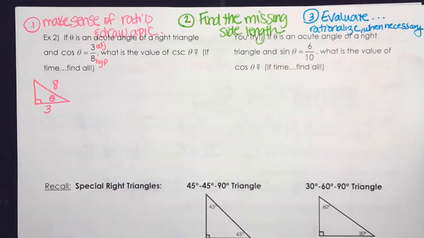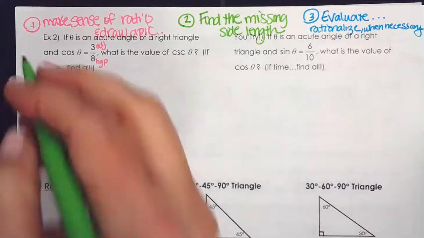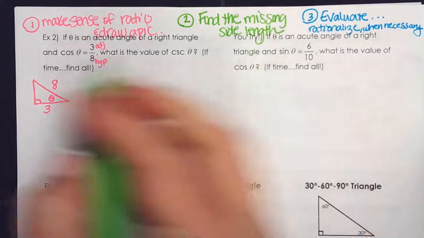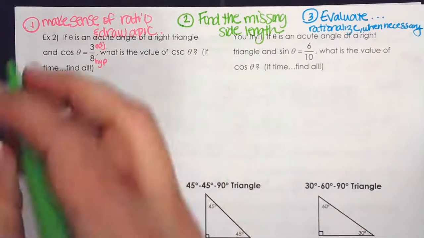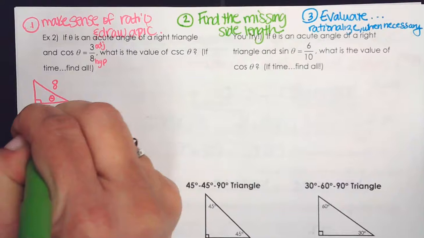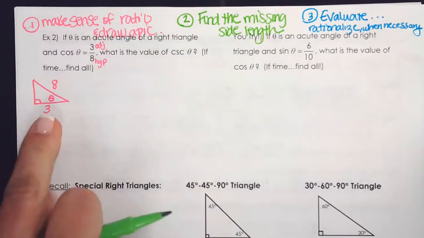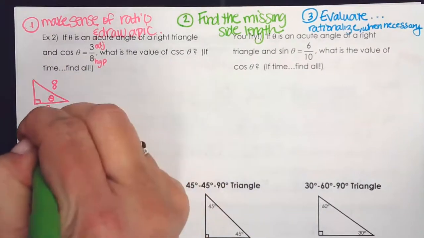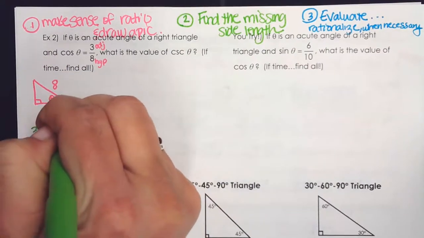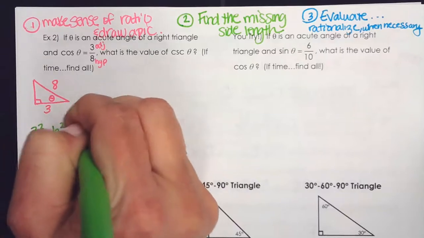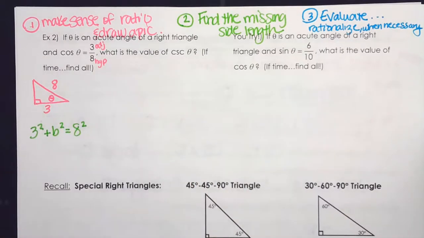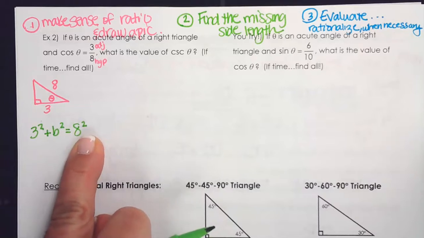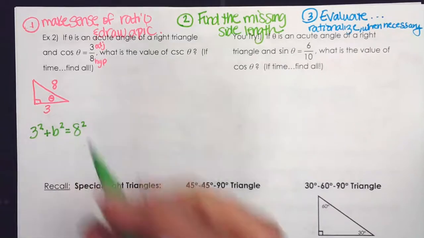Now this problem looks very much like the other problems that we've dealt with. We can then find the missing side length. 3 squared, and 8 is our hypotenuse. So you could call it b squared or x squared or whatever you want, but the 8 squared has to be the c squared value.